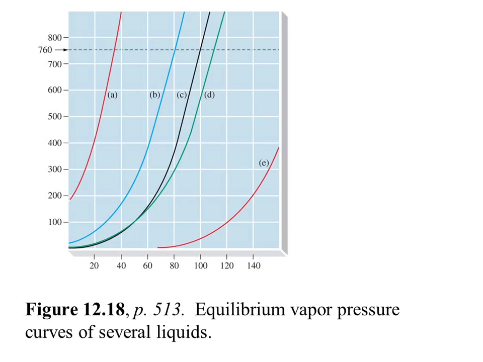The way you read this: everything that is up and above is a liquid, and anything below those lines, below and to the right, is a gas.